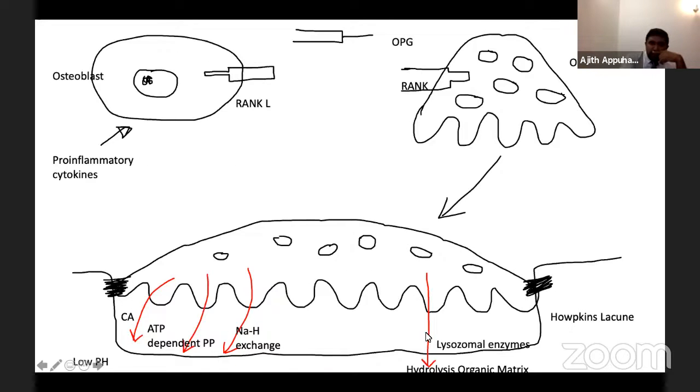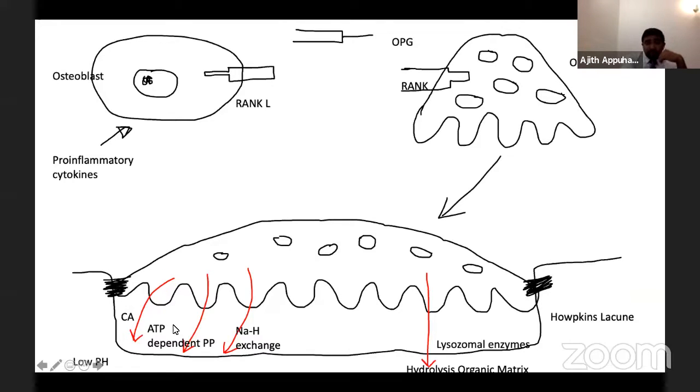Once the osteoclast has matured, what happens? They bind to the Howship's lacunae by integrin, and with this ruffled border, a rough surface, they create a low pH in three ways: carbonic anhydrase, ATP-dependent proton pump, and sodium-hydrogen exchange.